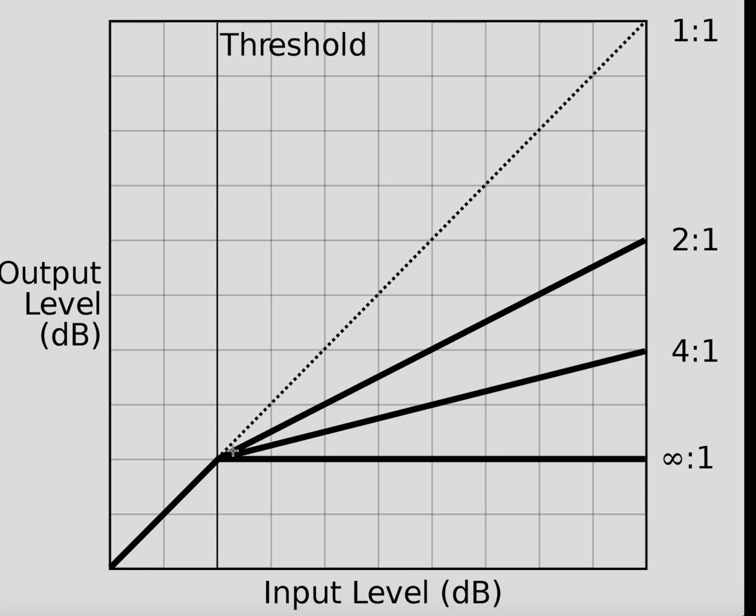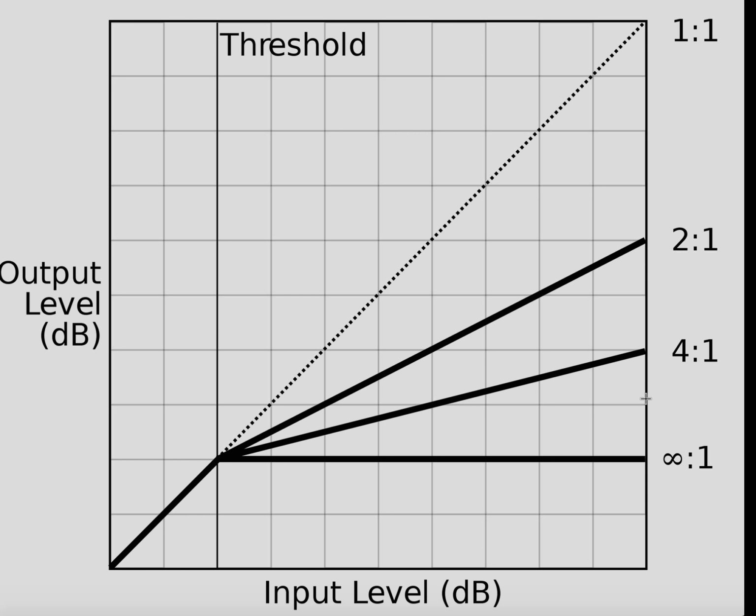Now, it's important to understand these curves and what they do to sound in the real world. Typically where you're working in the real world is somewhere around 1.5 to 4, maybe 5 to 1 ratios. When you get much more beyond that, depending on how much of the compression is in the mix, things will start to sound pretty unnatural.